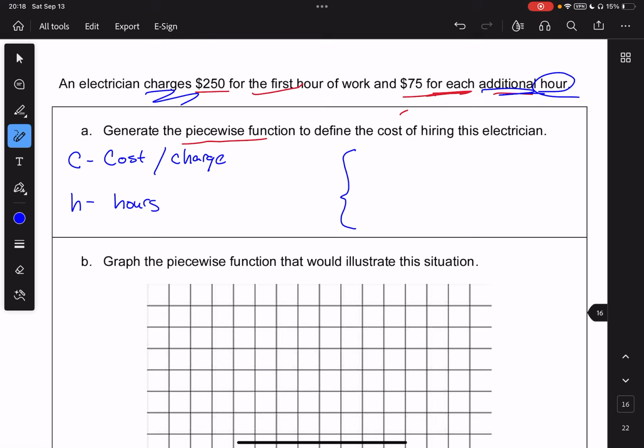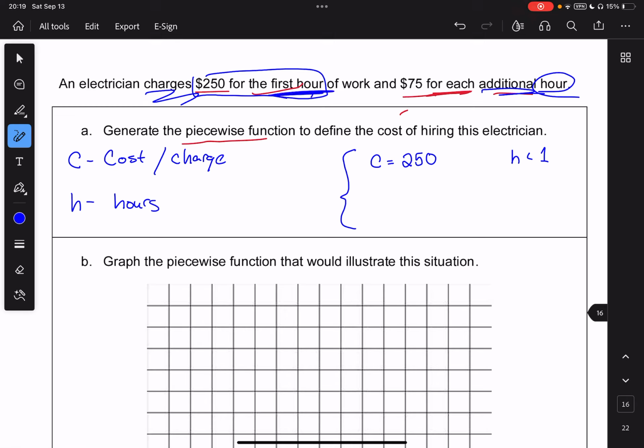The cost works by, we're going to say C is equal to, so $250 for the first hour. So that means that C is equal to 250. And how this works is that it's for the first hour, so up into the first hour, we'll say H is less than or equal to 1.